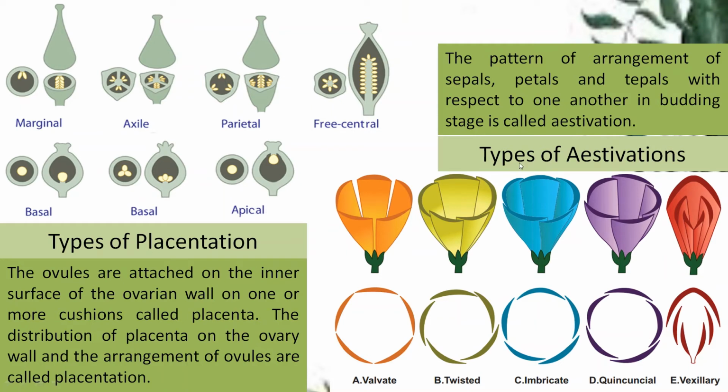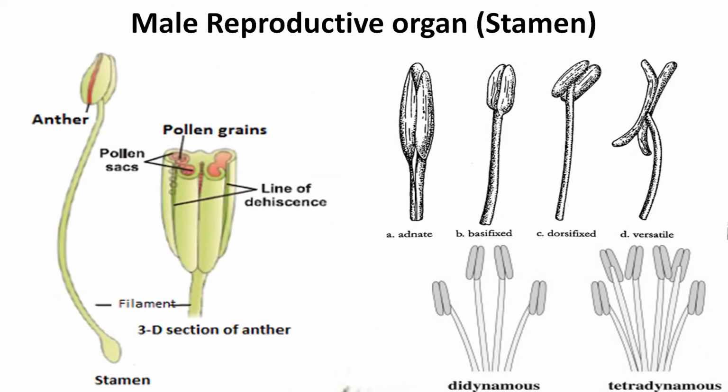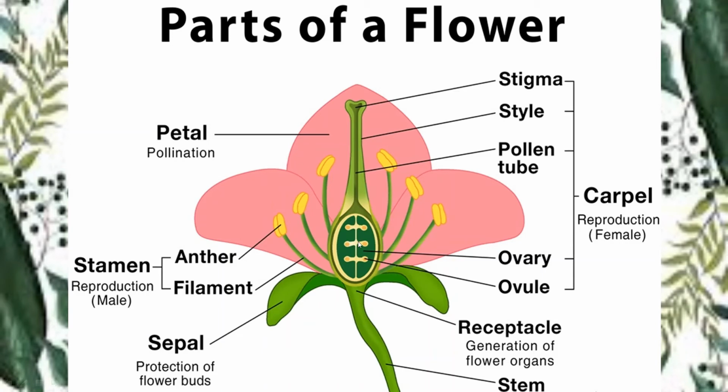Now here are the types of estivation. What is estivation? The pattern of the arrangement of sepals, petals, tepals with respect to one another in the budding stage is called estivation. Tepal is the unit of perianth.